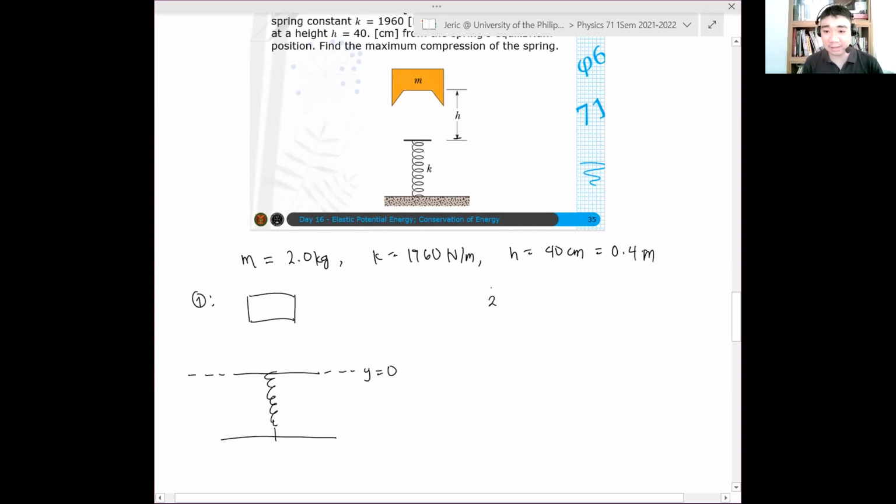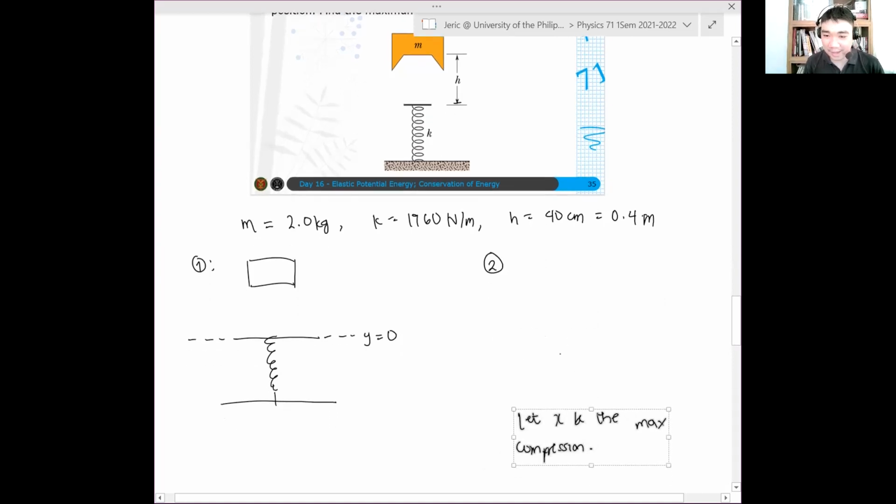Now, the second state, state 2, is this. What will happen is the block will fall down the platform and it will compress the spring, right? With some, let's say x. So, let x be the spring compression, the maximum compression. So, what does it look like? Wait. I'll draw it lower.